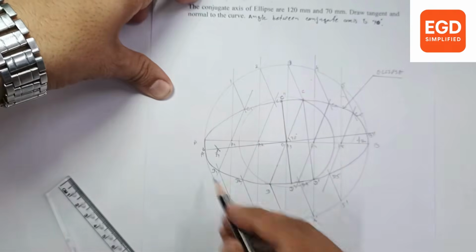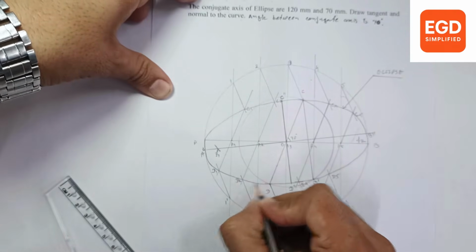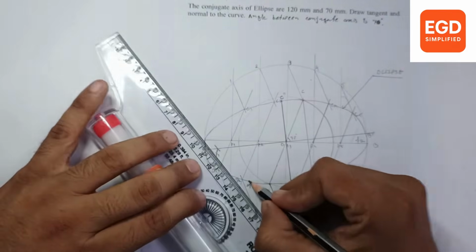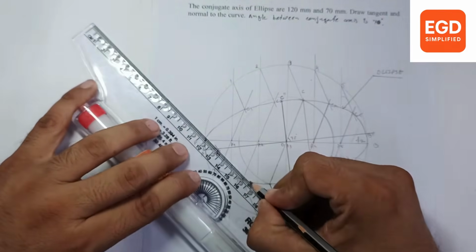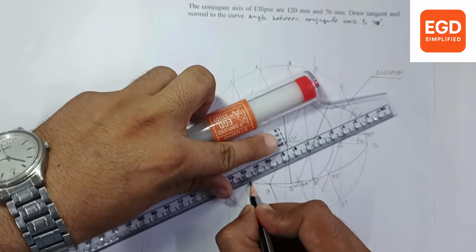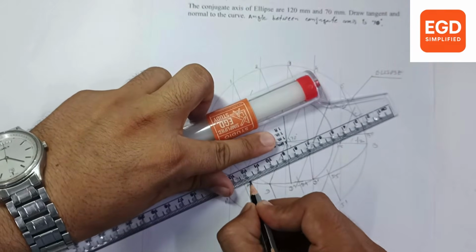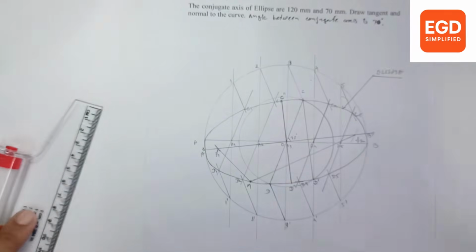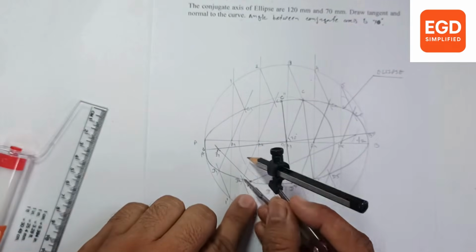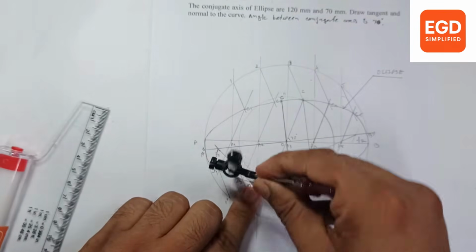For tangent and normal, take any point on the curve. Let's take here point M. Connect this point with both focus points, F1 and F2. At M point there is an angle generated, so we will bisect that angle.